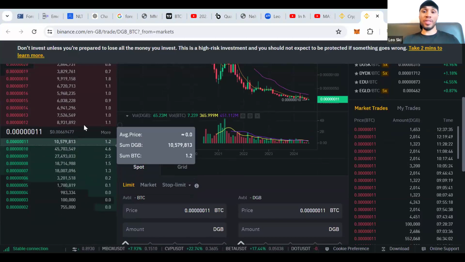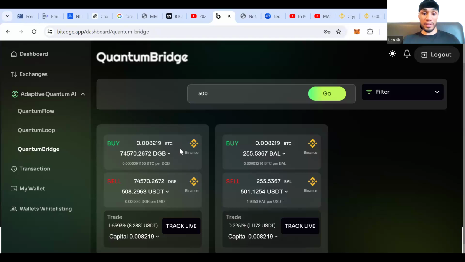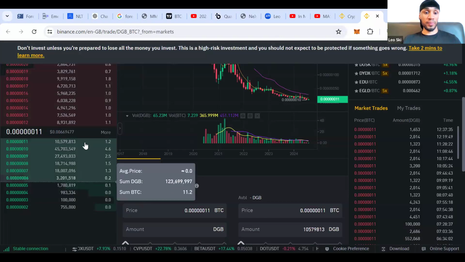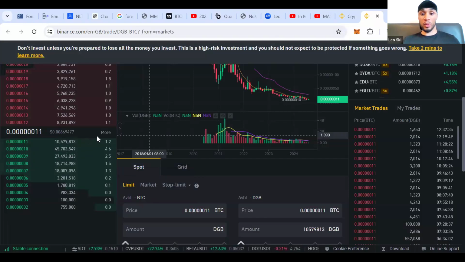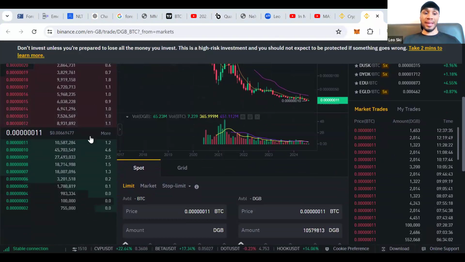So your 79,000 or 74,000 is going to add to this order. And then it will get filled. So now you're being able to be smart and check before you go in for that manual trade. Is it going to be executed or how soon is it going to be executed?